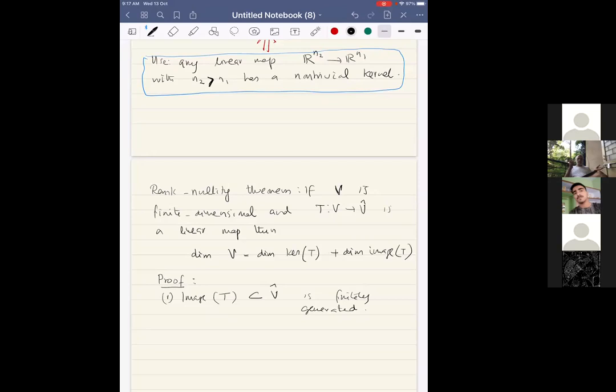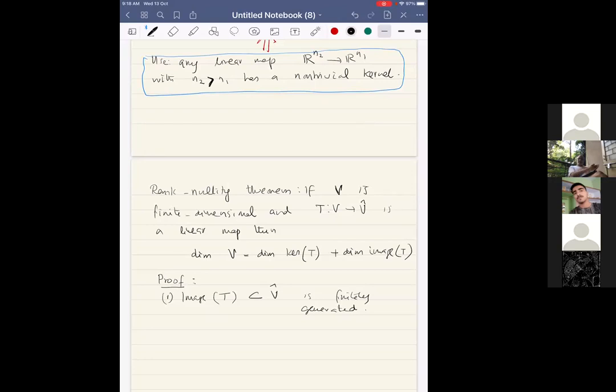The bigger vector space V hat could possibly be not finite dimensional. That will not affect us, because as far as V and the map T are concerned, only the image is relevant, and the image is finitely generated.